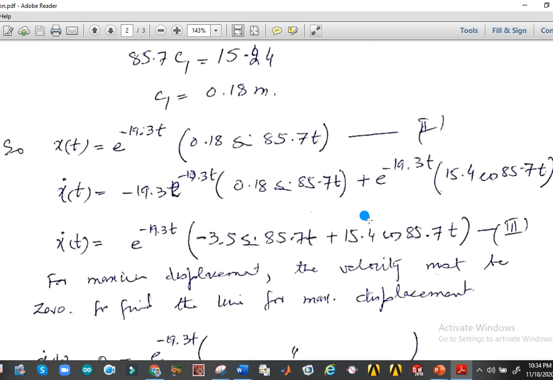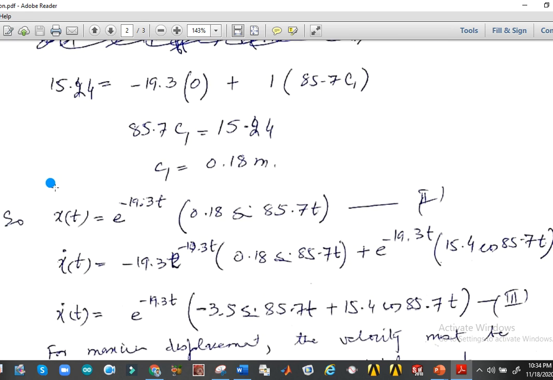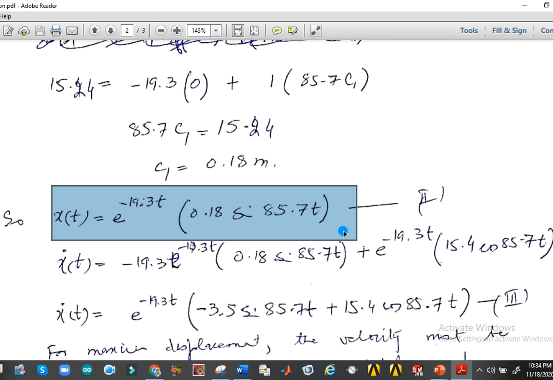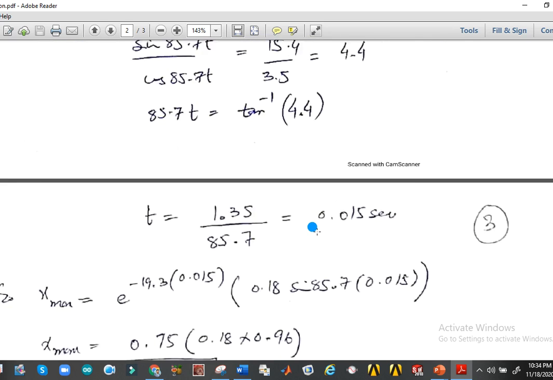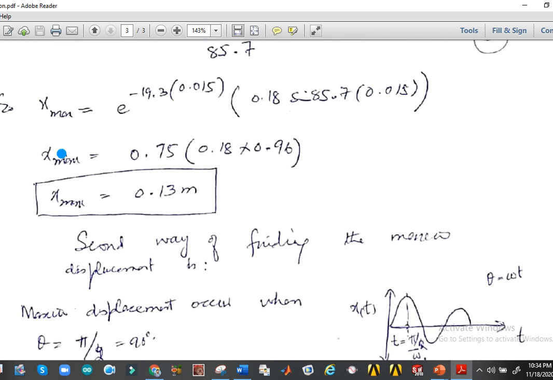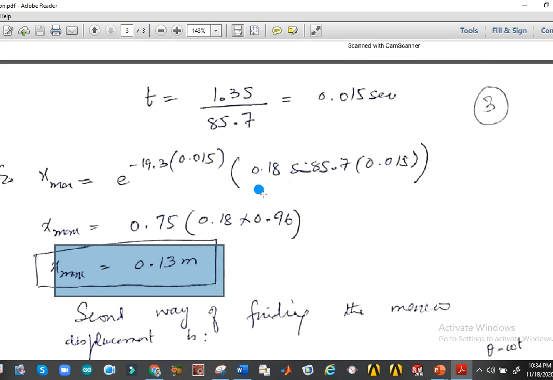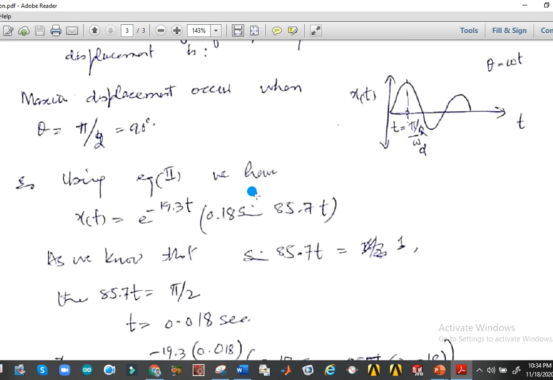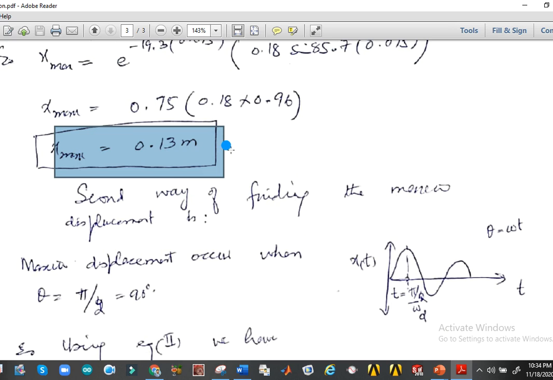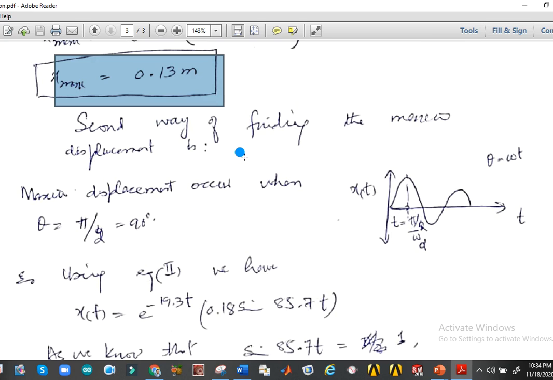Putting that time into this amplitude response, we have a maximum displacement of 0.13 meter. That means the maximum response of this system will be 0.13 meter amplitude at a time of 0.015 second. Okay, this is one way to find the maximum amplitude with the given time.